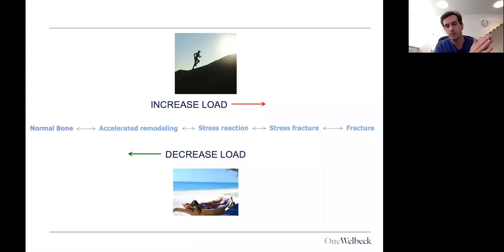And as we go along, as we increase the load, we go from normal bone to stress reaction, to stress fracture, to fracture. And the more load we put through bone, the more we're going to be heading towards the fracture side. And the way that we treat any bone stress injury is by reducing load, taking the stress off the bone and moving more down towards the side of normal bone. And ultimately, that's the way that we would assess and manage any sort of bone stress injury.